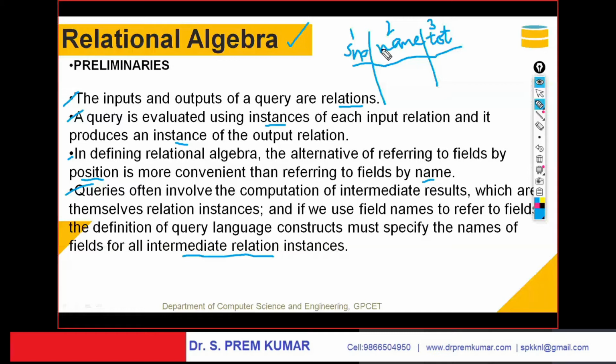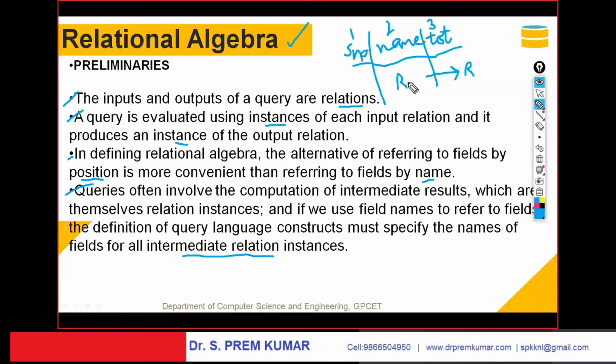The table is a relation. I got some intermediate results, let me say R2. The starting relation is R1. On R2, the intermediate relation, I applied some calculations and I got the final result R3.